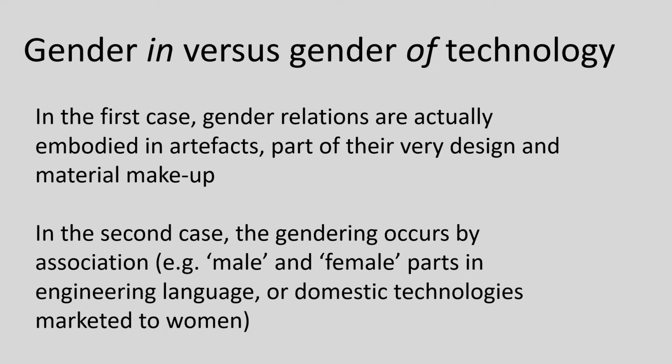Outdoor gardening equipment tends to be more marketed to men, whereas domestic technologies used in the kitchen tend to be marketed to women. So that's another case of the gendering of technology, where we associate male and female images with particular technologies, and they get linked to gender in a secondary social way.